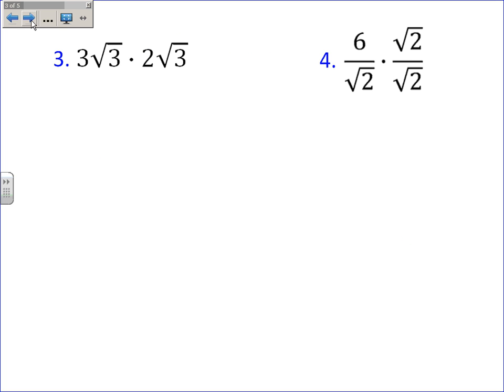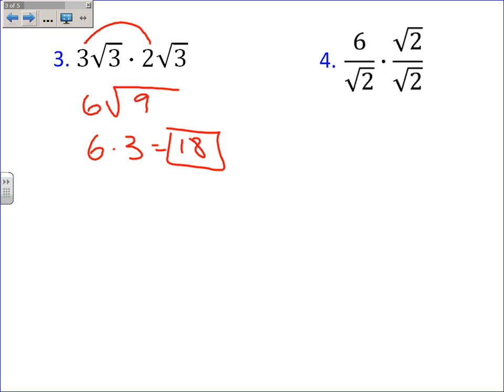Okay, so this, a little more complicated. 3 times 2 is 6, and the square root of 3 times the square root of 3 is the square root of 9. Okay, and the square root of 9 I know is 3, so 6 times 3 is equal to 18. Okay, now this next one's a little more complicated. 6 times root 2 is 6 root 2.